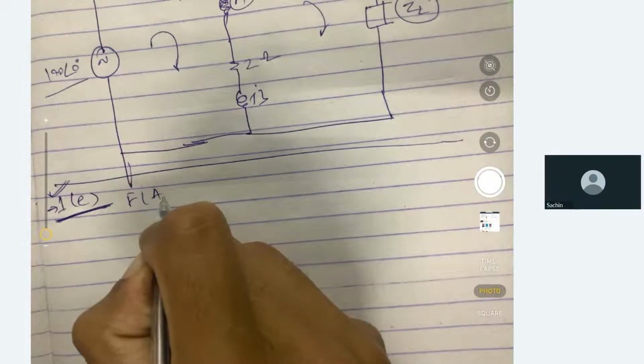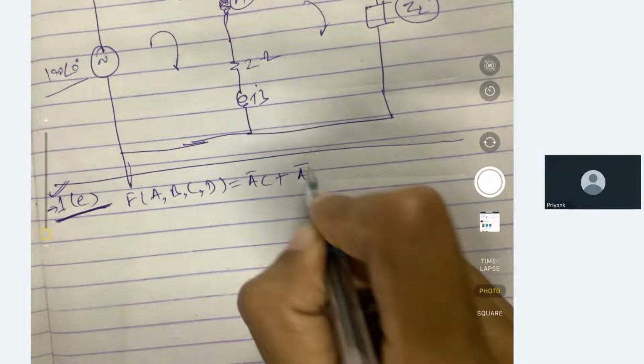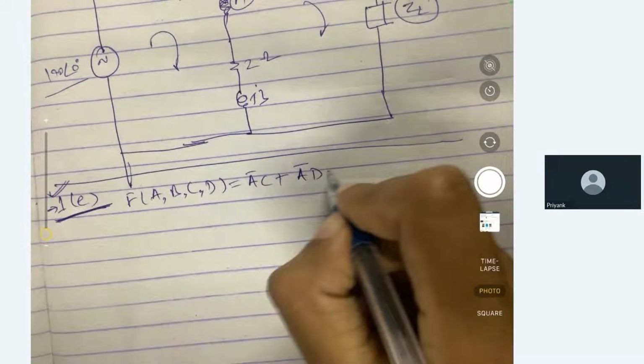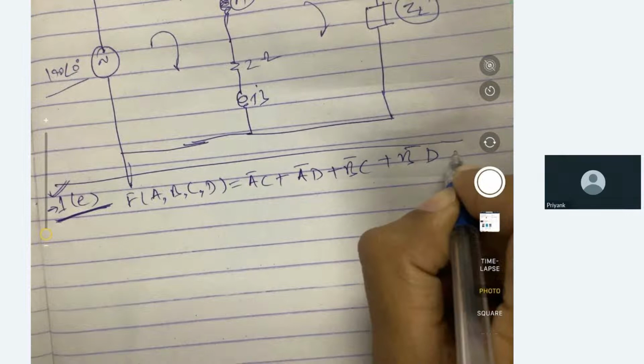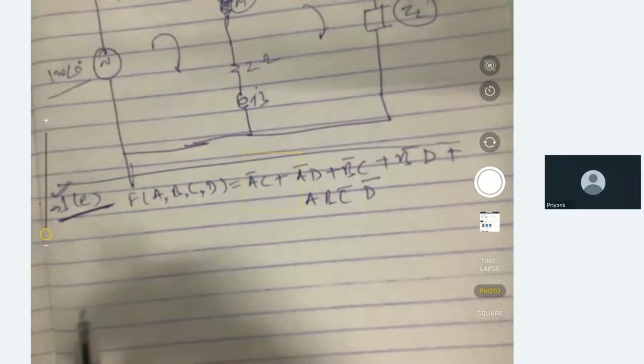Actually, one AND gate is still required here. If three NAND and one AND, or 4 NAND, you may say that.